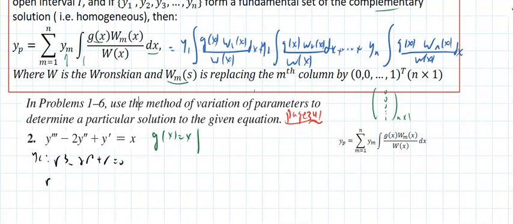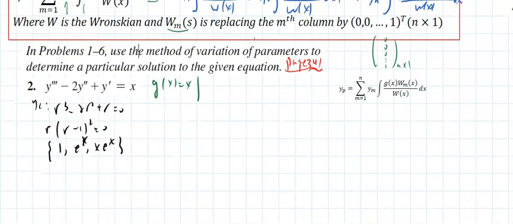Factor an r out, and that will be r times (r minus 1) squared equal to 0. So we have r equals 0, e to the 0 is 1, r equals 1, e to the x, and x e to the x. Those will be the y's.